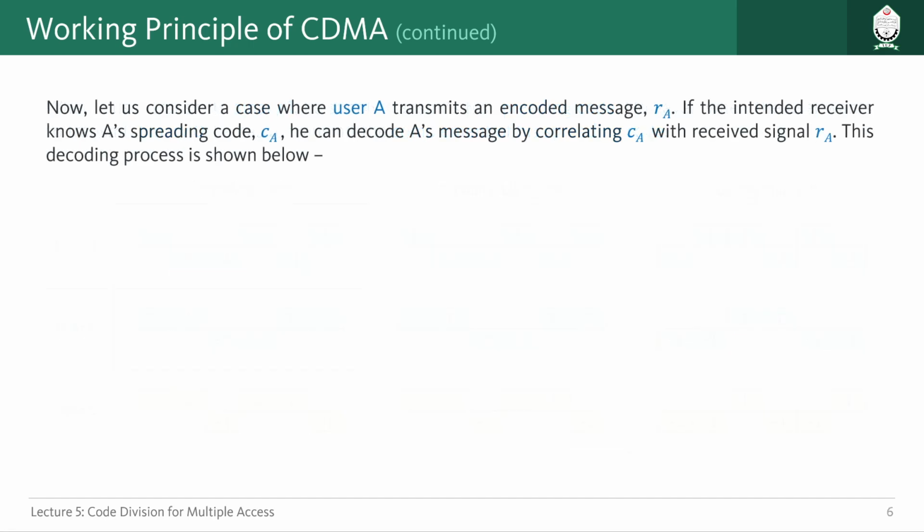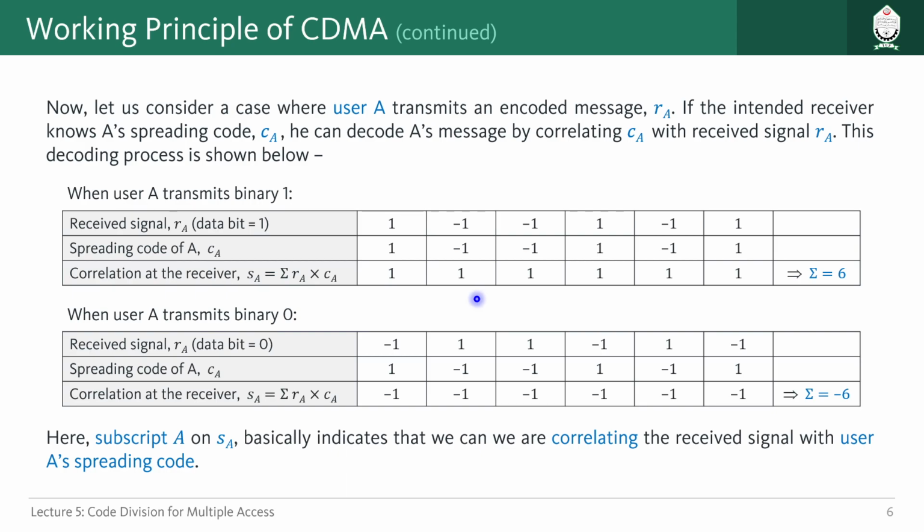Here you see user A wants to transmit binary 1, so this is user A's spreading sequence, and he just transmitted this one. This will be received by the intended receiver, and at the receiver we assume that the receiver has access to the spreading code of A, which is C of A.